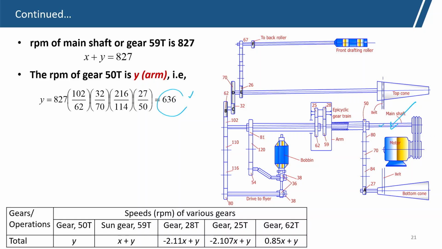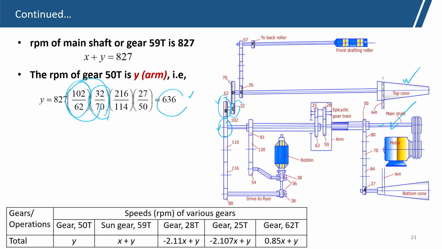The main shaft gives drive to the 102. So, 102 is rotating at the main shaft speed 827 and it is giving drive to 62 teeth. So, 102 by 62, then 32 by 70, and that is the speed going to the top cone pulley, which is rotating at this speed.